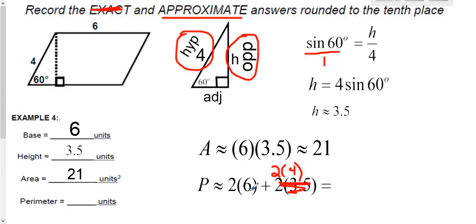So let's see, 2 times 6 is 12, 2 times 4 is 8, 12 plus 8 will be 20. So watch out for the mistake I just made, not paying attention enough. Here we're doing perimeter, yeah, 2 times this side, 2 times this side, not the height. All right, let's pause that and go to another part.